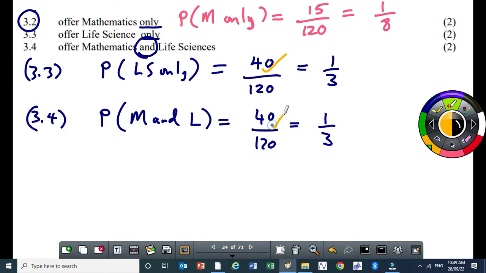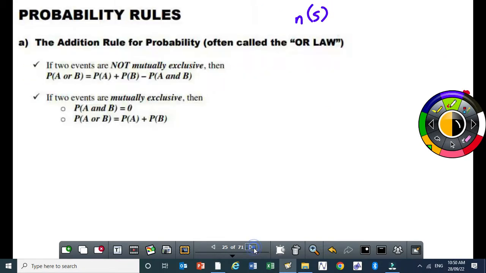And also this will be correct. That this one here, 15 over 120, will be correct. Your probability doesn't have to be converted to a percentage. Okay? There is no rule which says probabilities must be as a percentage. No. Okay? Right? So I'm done with that.